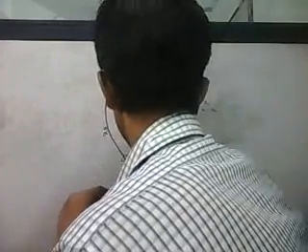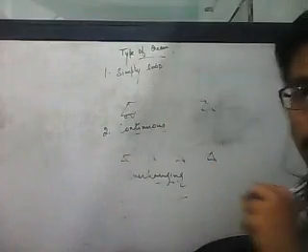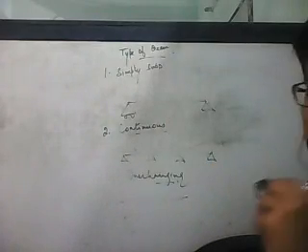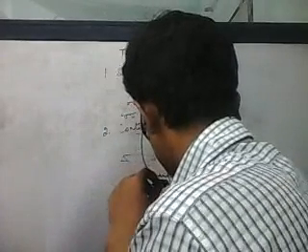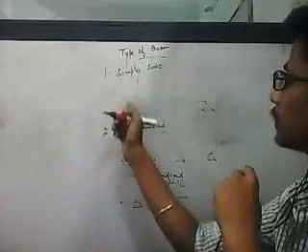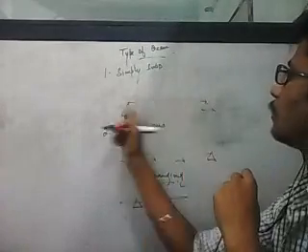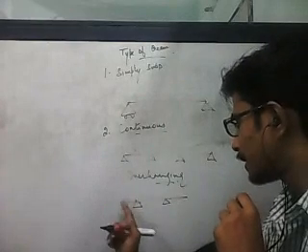Suppose an overhanging beam. Suppose your beam has an extra length and you have given the support not at the end. In the earlier case, the supports are at both ends, but in this case, they are not at the end.